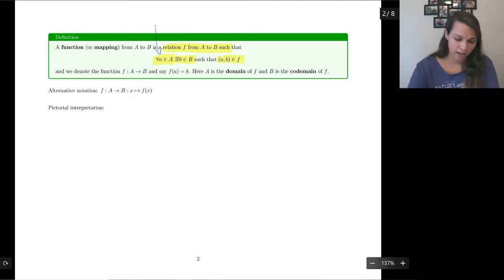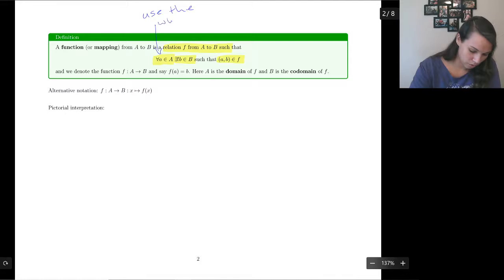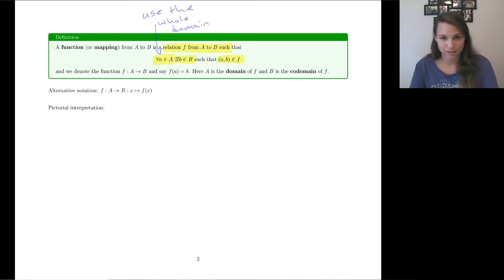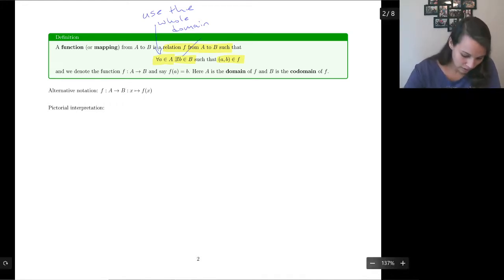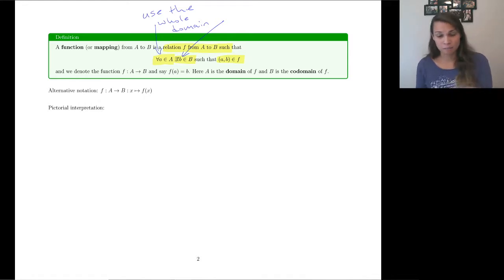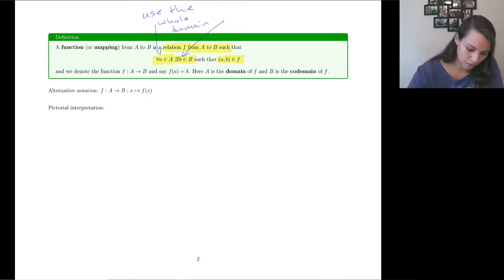So for all the a's, that means use the whole domain. That's what that first quantifier says. And then there exists a unique b, that's a fancy way of saying only one output.